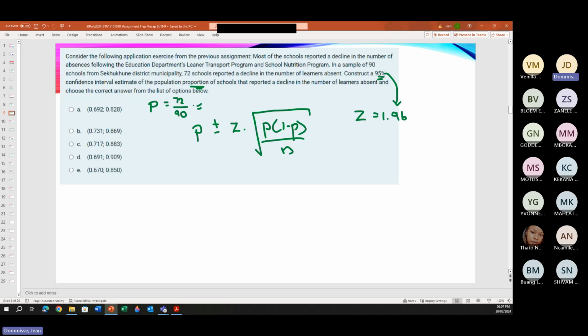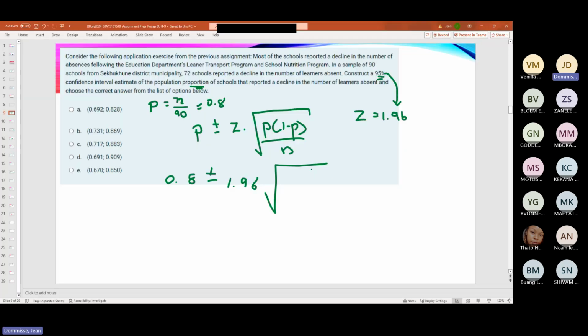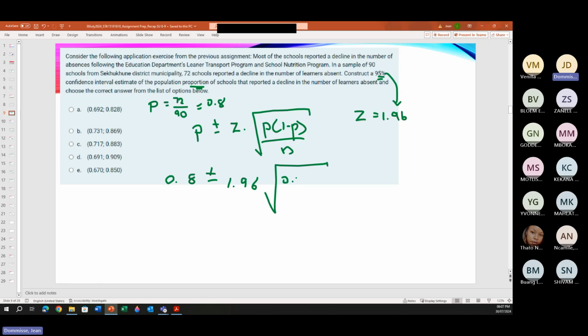Check what 72 divided by 90 is: 0,8. Okay, so 0,8 plus minus 1,96 times the standard error. So that is 0,8, 1 minus 0,8 is 0,2, and that divided by N, which is 90.